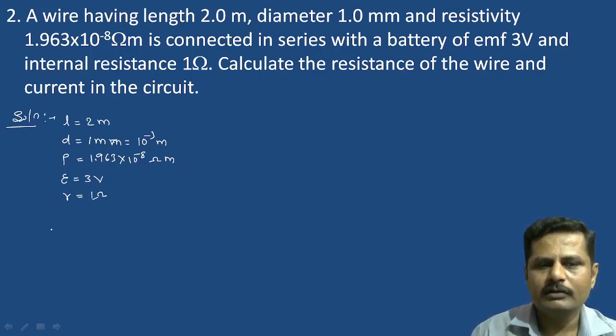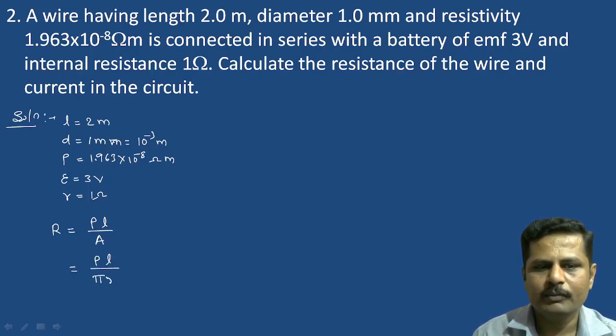We have a relation between resistivity and resistance, that is resistance R equals resistivity times length divided by area of cross section. The area of cross section of the wire can be written as pi r square, but we don't have the radius, we have the diameter. So this must be expressed in terms of diameter.